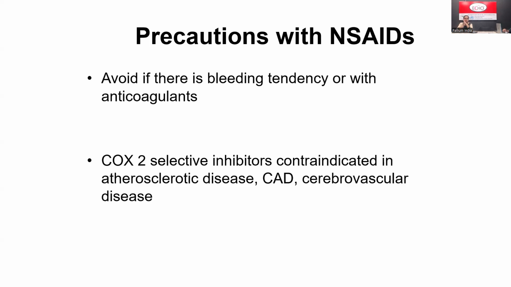So they can actually worsen the condition of atherosclerosis, CAD, cerebrovascular disease, with more chance of causing all these things by causing hypercoagulation. But as I have already mentioned, we may not be able to avoid prescribing medications like these NSAIDs for these patients.